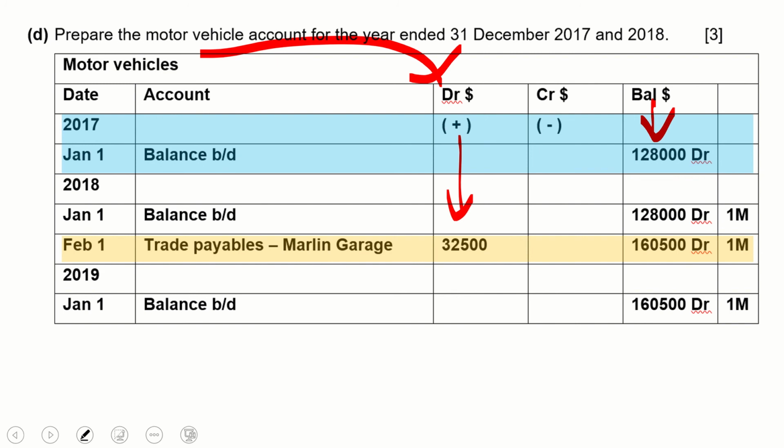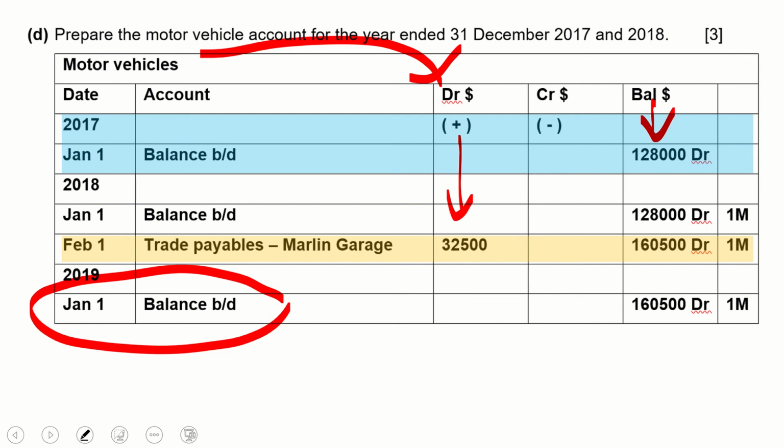The other account affected, which we will write in the account column, is trade payable Marlin Garage. And you will end off by calculating the balance column. To close this account, we close it off by having a balance brought down on the first day of the next financial year, 1st of Jan 2019.